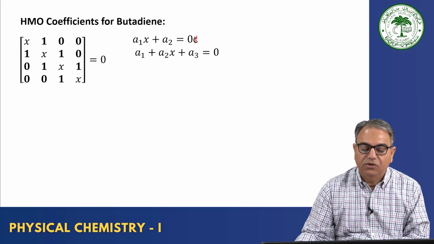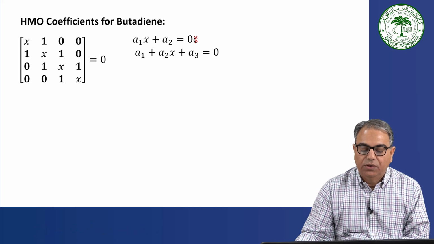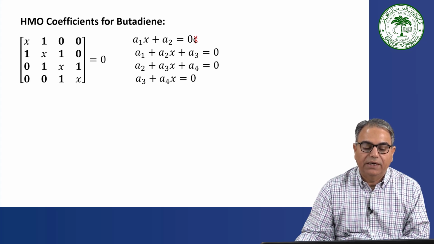In the third row you again have 3 terms, but it starts with a2: a2 plus a3 x plus a4 equals 0. And in the last row again you have only two terms, a3 plus a4 x equals 0. So these are four simultaneous equations which you can write from the secular determinant of the butadiene molecule.